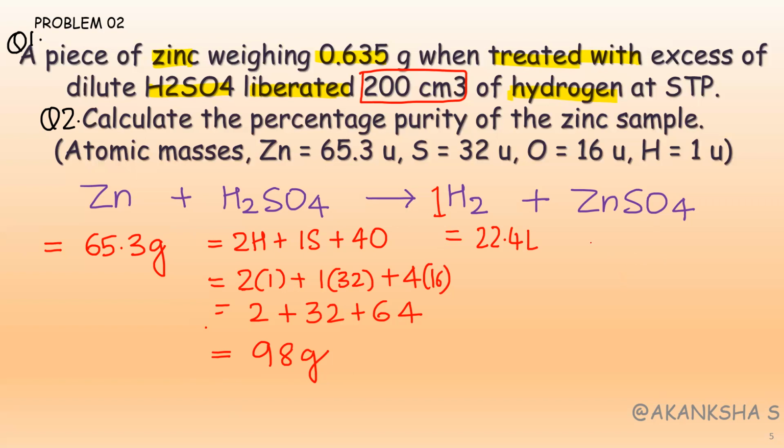For ZnSO4, 65.3 plus 32 plus 64 results into 161.3 gram. So we have completed step number 2, where we have calculated molecular weight, and with respect to hydrogen, we have done it as volume.